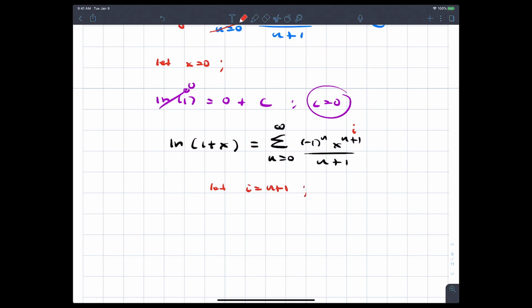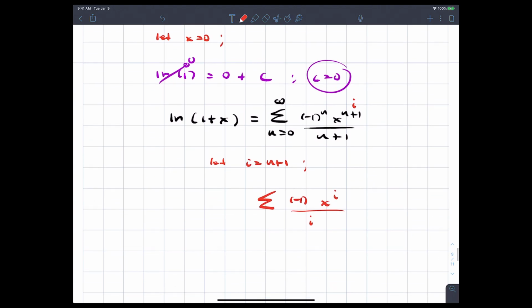If I is n plus 1, you know that the power series looks like negative 1 to the n, x to the I, over I. Why not n? Because if I solve for n, I minus 1 is n. So I replace this n with I minus 1. We start with n is 0, so this starts with I being 1 to infinity.